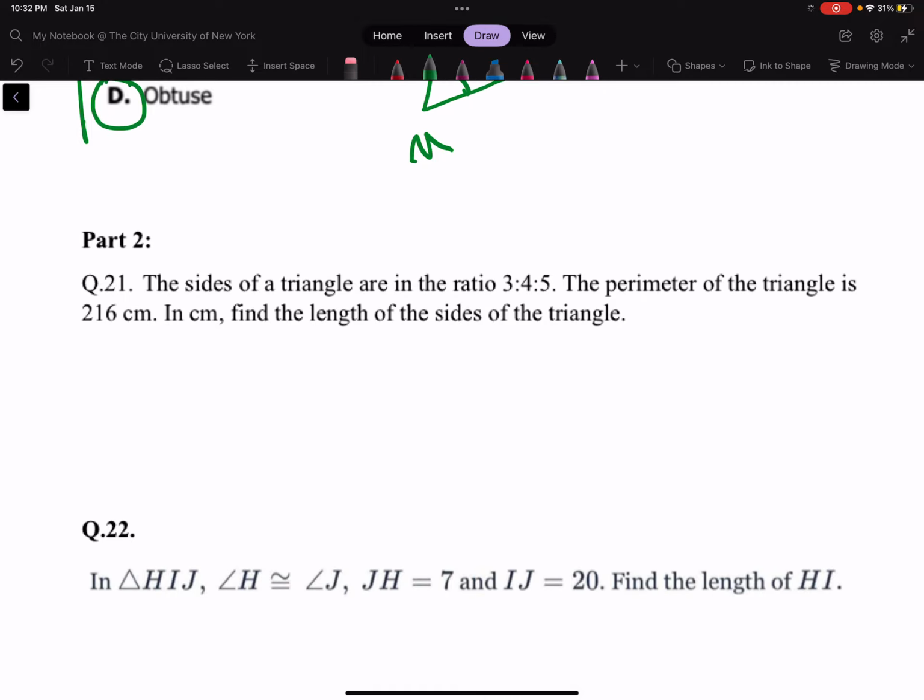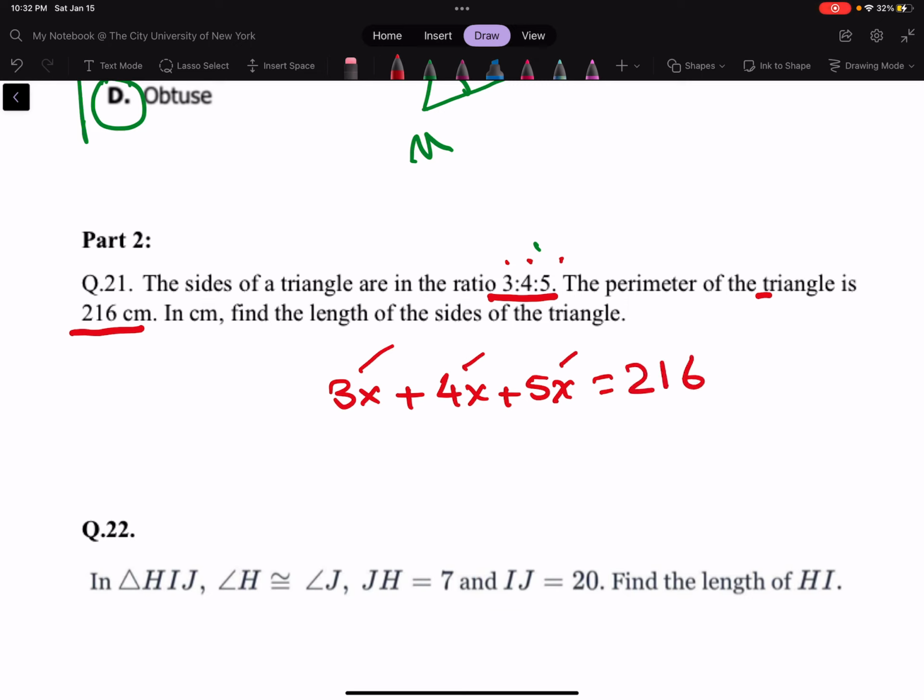And then part 2 is a type of problem you have done a lot. The sides of the triangle are given in this ratio. The perimeter of the triangle is given as 216. So to get the real figure, multiply with the number. So 3x, 4x plus 5x, all the sides add up to 216.